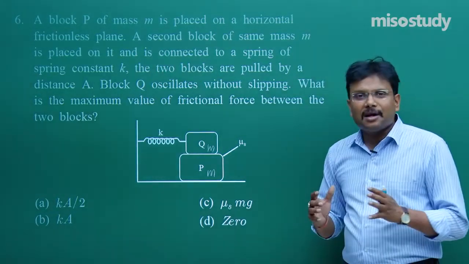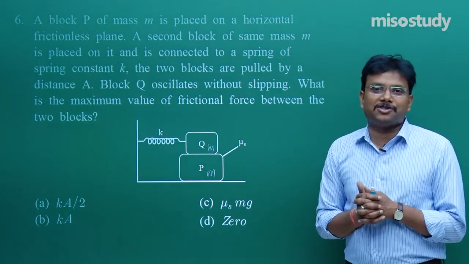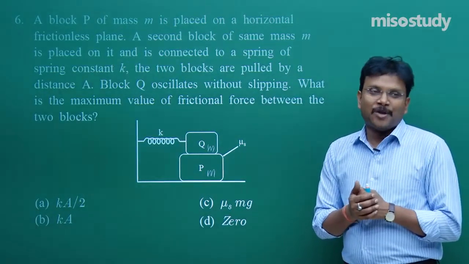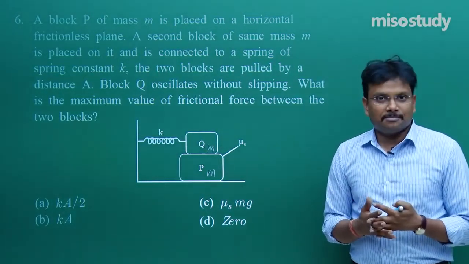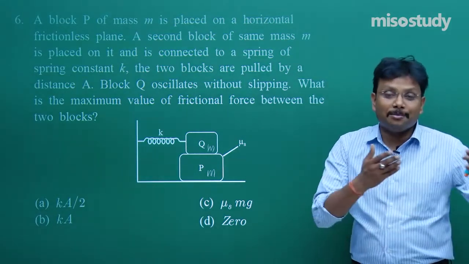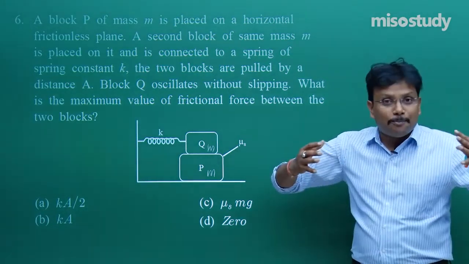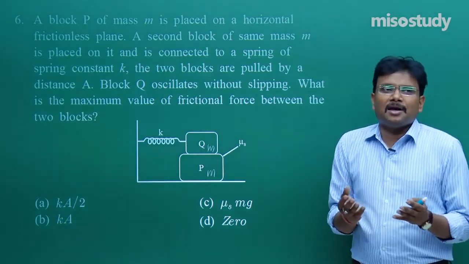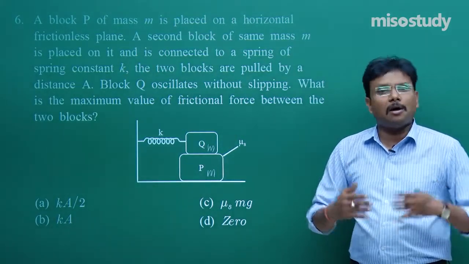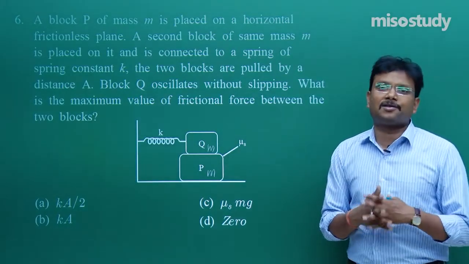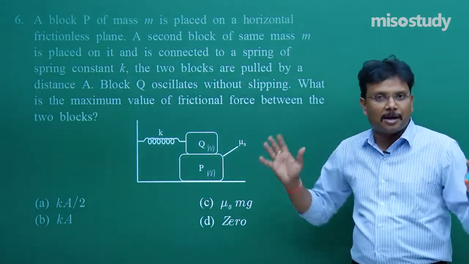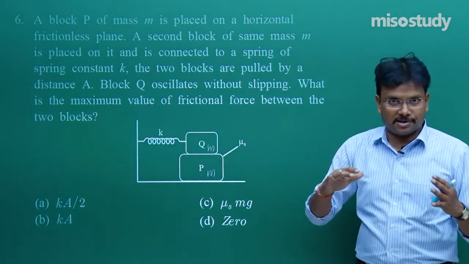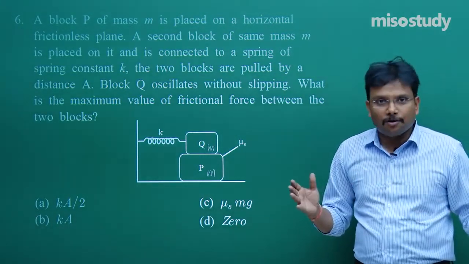This question is a very beautiful combination of laws of motion: a block on block system, to find the maximum force so that both blocks may oscillate together. This is a very well-known problem, and normally any teacher teaching physics discusses this type of concept during laws of motion.